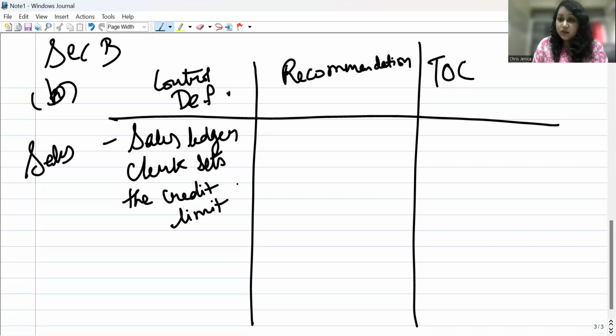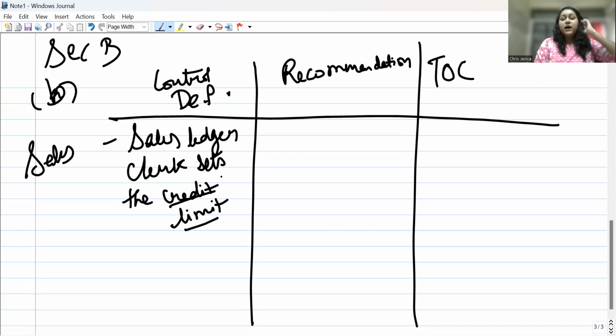So do you think this is a deficiency or not? I would say this is a control deficiency because the sales ledger clerk is not a person who is senior or knowledgeable enough in order to set the credit limits for customers. Okay, credit limit has to be set by any senior person and it should also be authorized and reviewed by a responsible official.